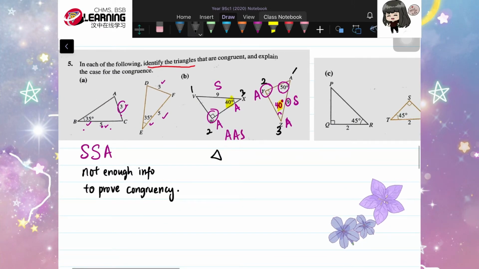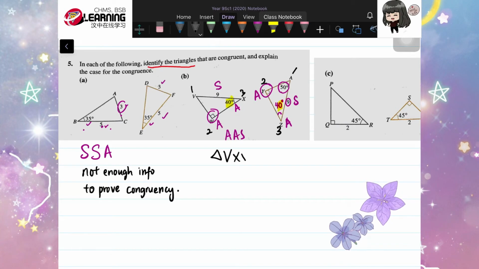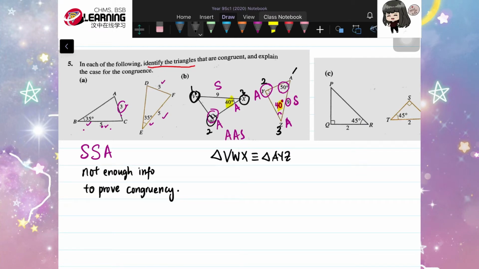So I write down the triangle VWX is congruent to triangle AYZ. Okay, I write down already, 1 2 3 VWX, so it's AYZ. 1 2 3, 1 2 3. I just erased too many numbers, confusing. Angle, side. Okay, this is angle, side.